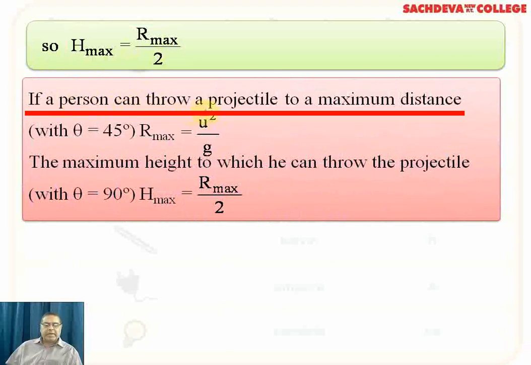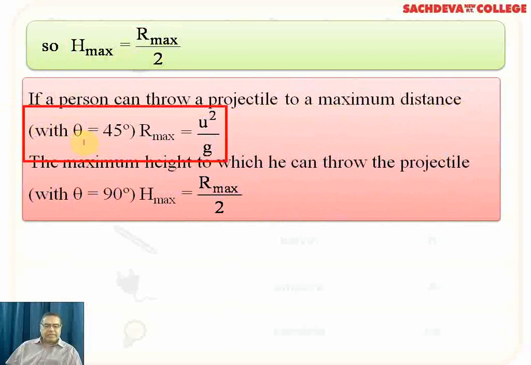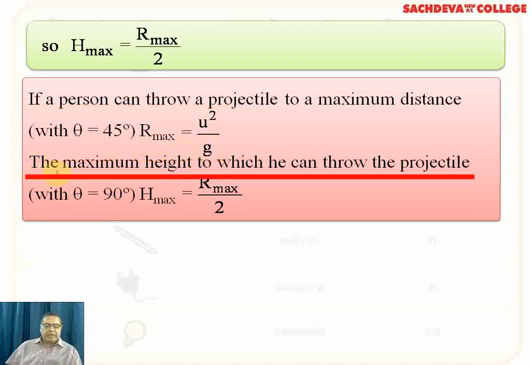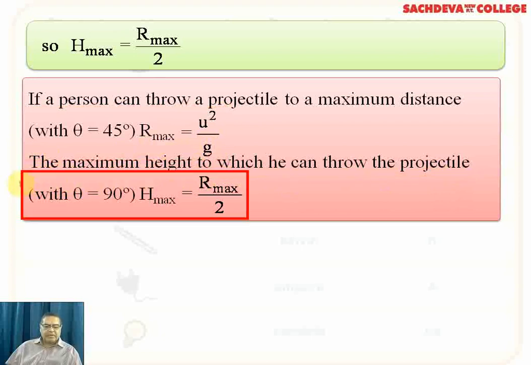If a person can throw a projectile to the maximum distance, that is theta 45 degrees, range R maximum will be u square over g. The maximum height to which he can throw the projectile when theta is 90 is taken as half of the maximum range. So h maximum is equal to R maximum over 2.